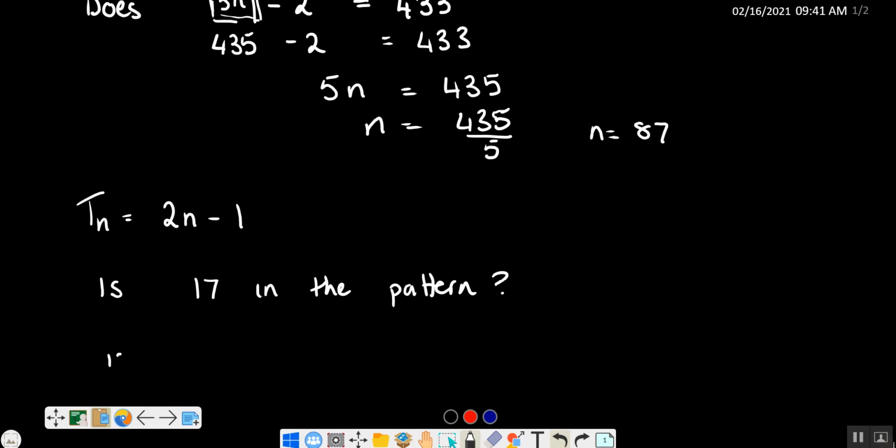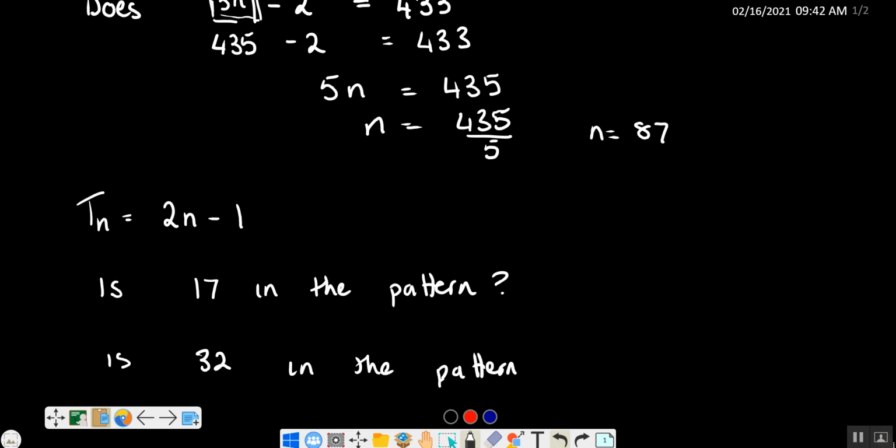And then is 32 in the pattern? I don't want your hands up just yet. I want you to work out both of them. You know the process: you need to figure out which term it is. To answer whether 17 is in the pattern, figure out which number it is.